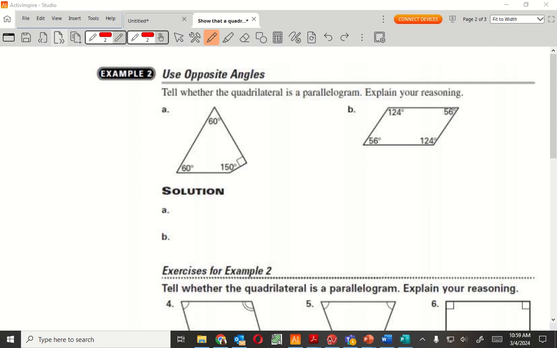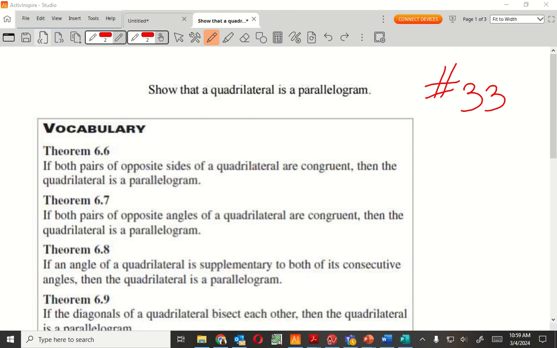Quadrilateral is a parallelogram, so I'm going to go back over to my thing, and it says theorem 6.7.